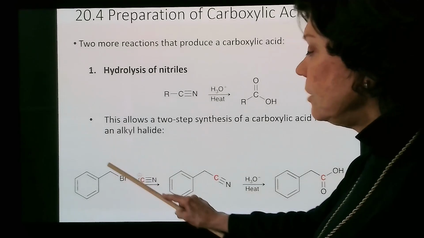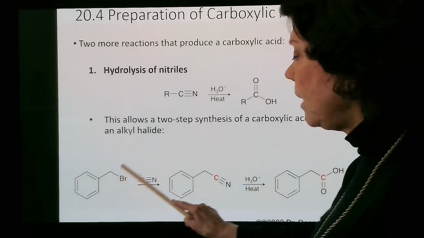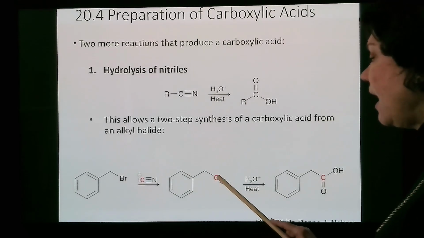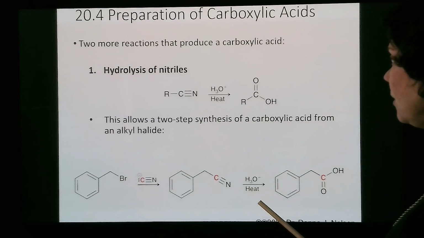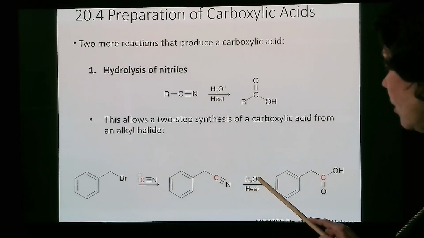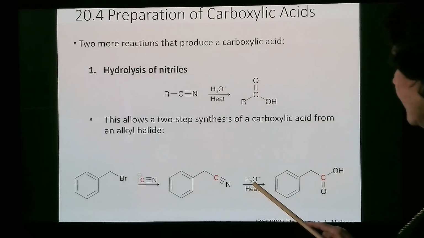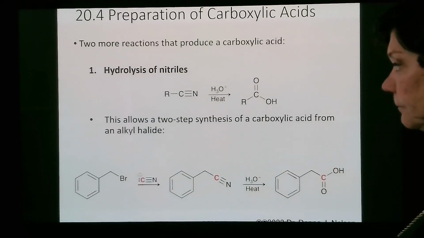So you have an SN2 reaction here. This anion will displace bromide. So now you have the cyano molecule, and so this nitrile is now hydrolyzed, and with the application of heat, this is converted to the carboxylic acid.